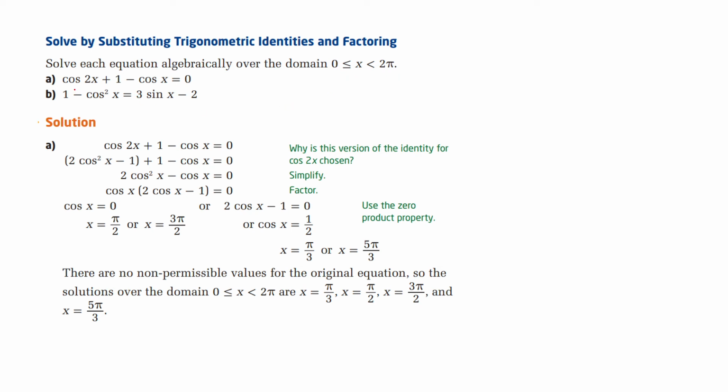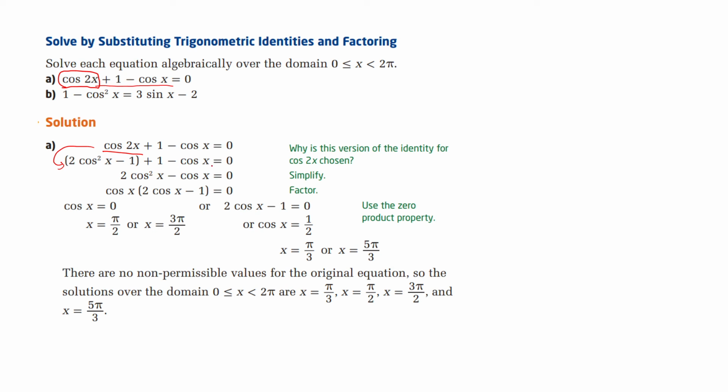Here we have cosine 2x, and basically we need to change this into a grade 11 parabola. We know that cosine 2x can change into 2 cosine squared x minus 1.